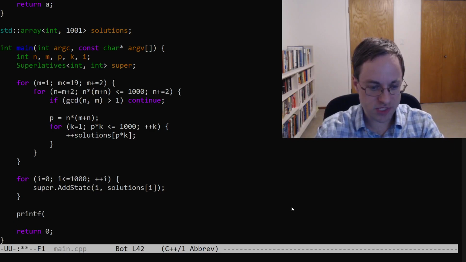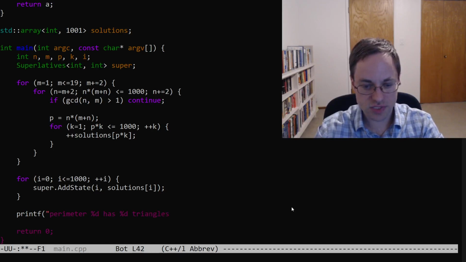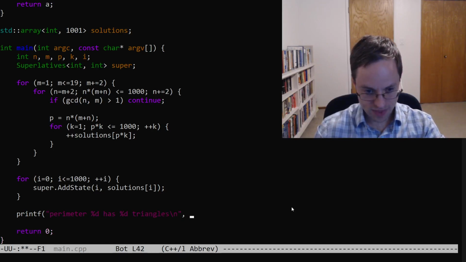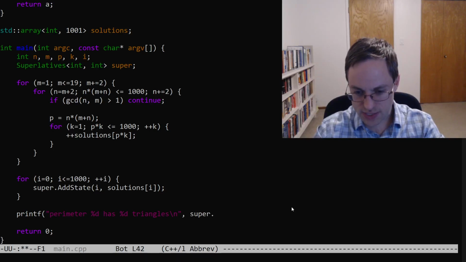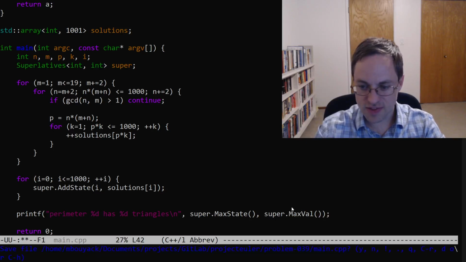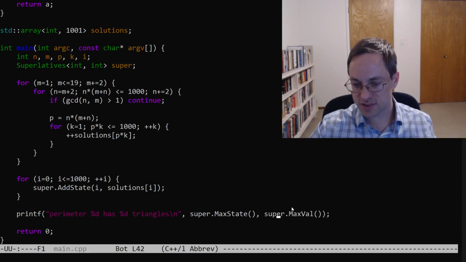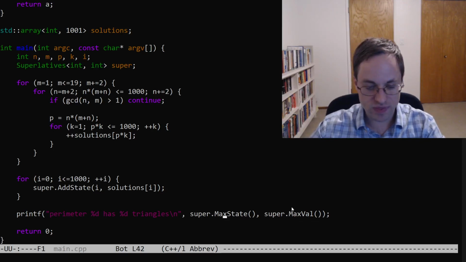So now we should just be able to say printf, perimeter %d has %d triangles. And that's going to be super.max_state and super.max_val. So that's going to give us the best score that we have found and the perimeter associated with that score.